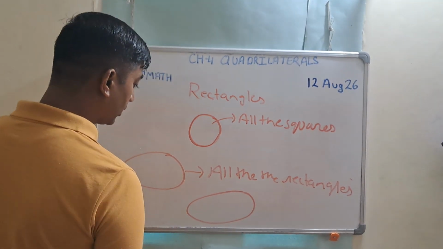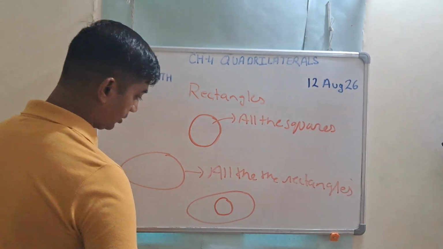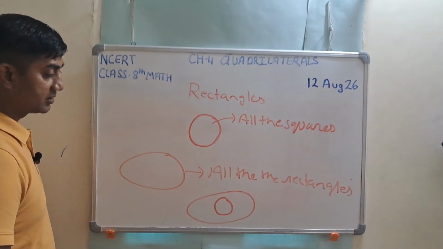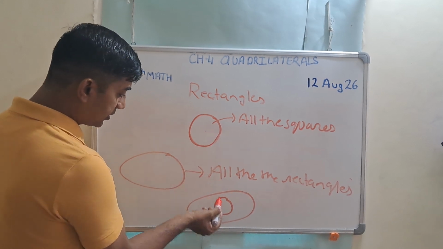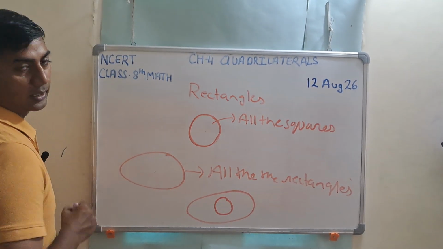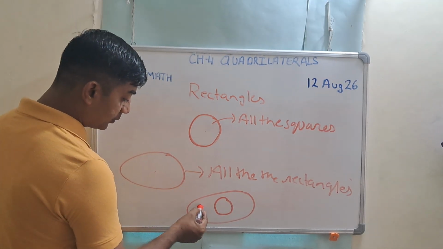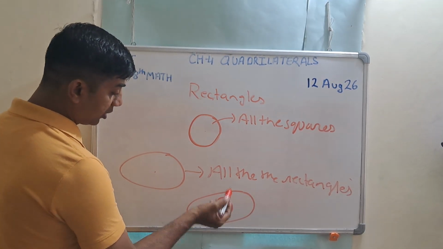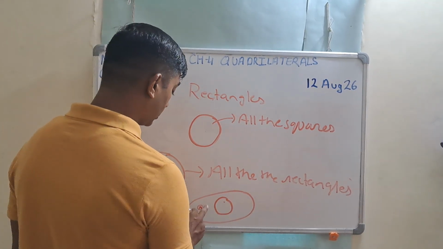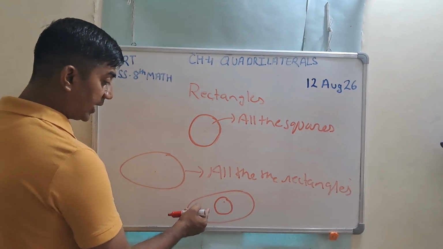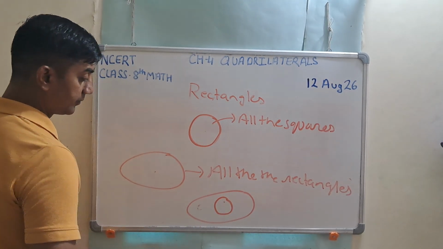This will be like here, and the square figure will be inside this. Understood? So it means that all the squares are inside the rectangle, but all the rectangles are not squares. In this way, through the Venn diagram, we will represent it like this.